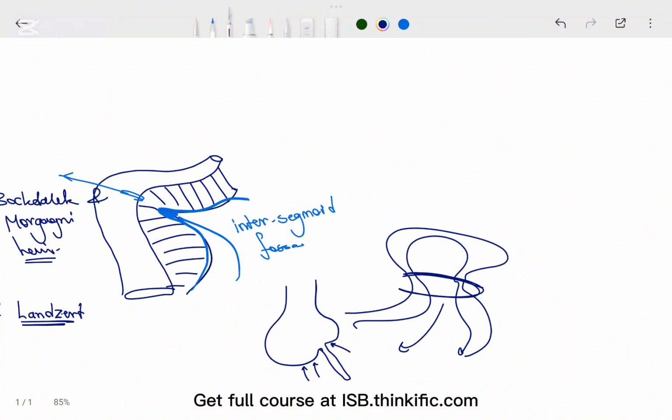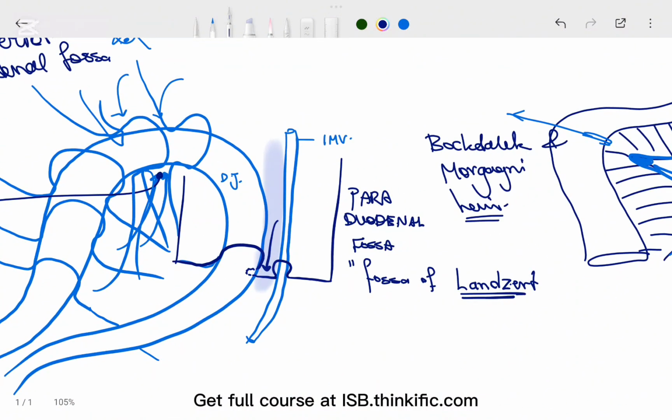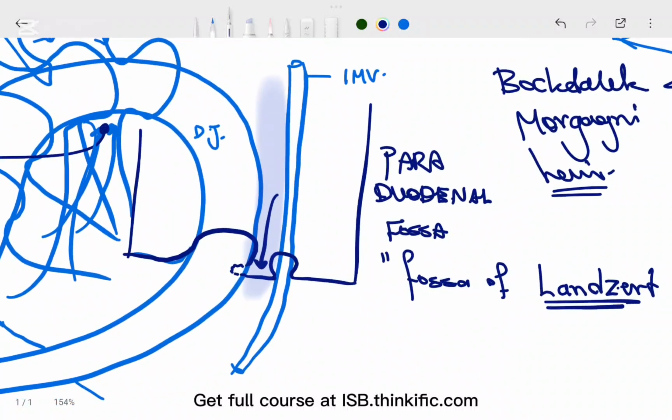The first location is the paraduodenal fossa. Why? Because if bowel is stuck over here, distended and cannot be reduced, you cannot divide this constricting ring because you have duodenum or jejunum on one side and major blood vessels, the inferior mesenteric vein, also the middle colic artery, its ascending branch, moving here, and these vessels will become damaged.